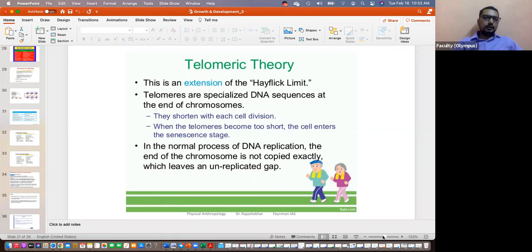This is called telomere shortening. Telomeres are the ends of the chromosomes becoming shorter and shorter with progressive cell cycles or cell divisions. Correct? So what happens if the ends of the chromosomes become shortened?